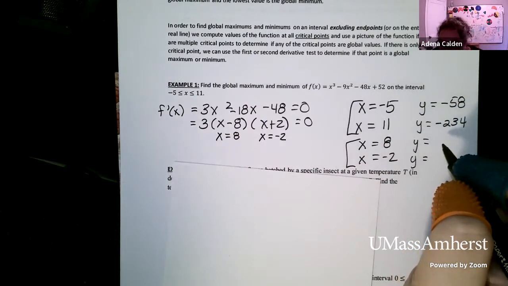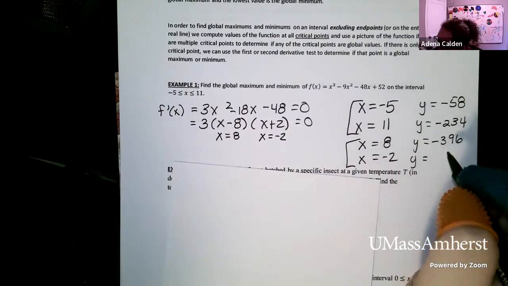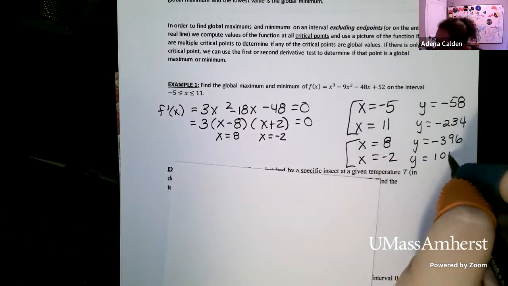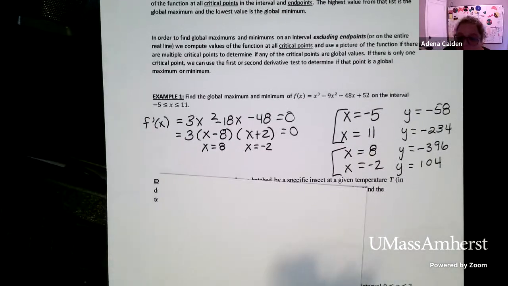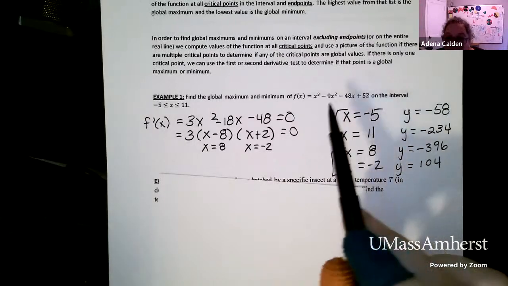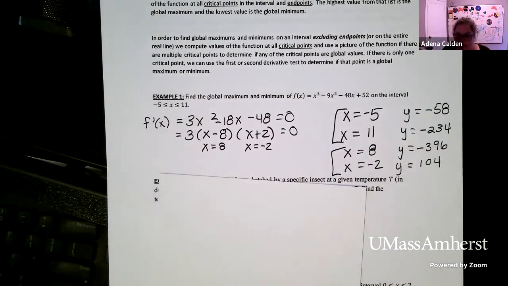When I plug in an 8, I get -396. And when I plug in -2, I get 104. And obviously I'm plugging those into my calculator, not in my brain. That would take a lot of time for me. So I plugged each one in through my calculator, and these are the corresponding y values that I got.